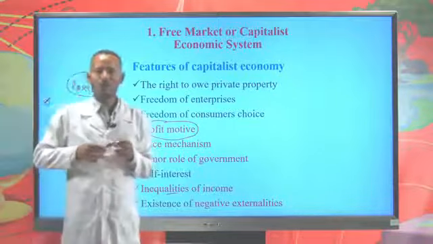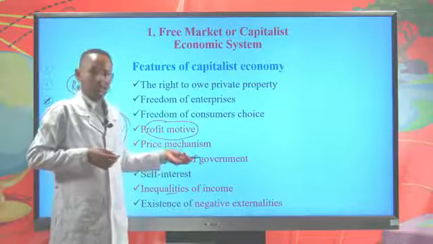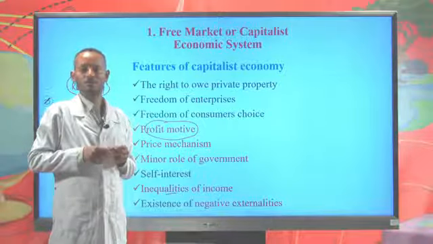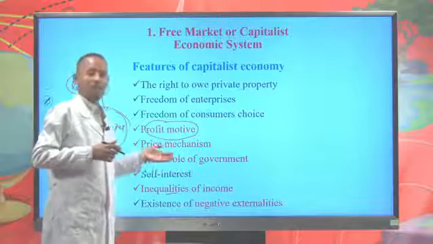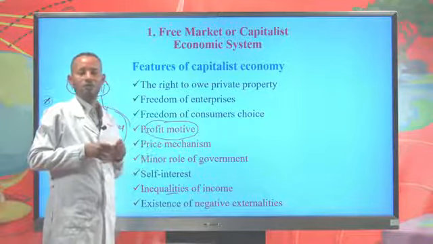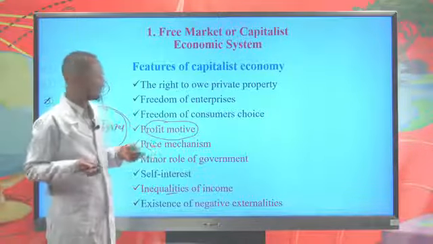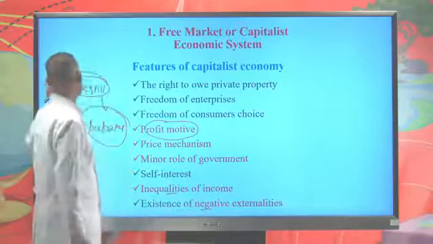Another example, for negative externality: if there is an industry engaged in manufacturing that lives around residences, there is carbon emission, so it affects the livelihood of individuals. In this case there is negative externality. So negative externality is one of the features of the capitalist economic system.